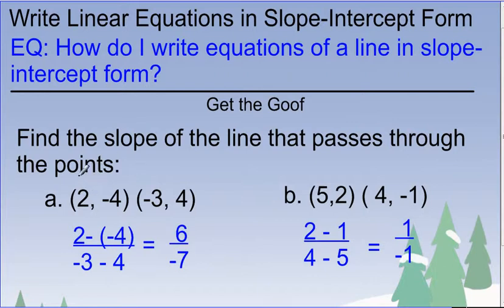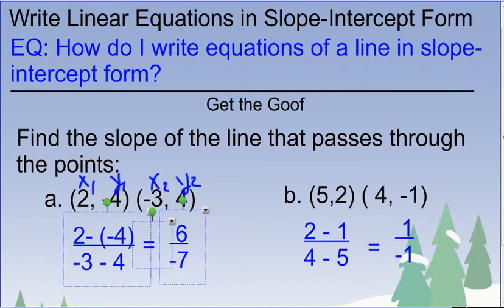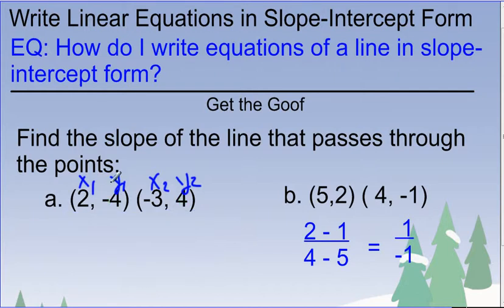So get the goof. Well, I remember this is x, y, x, y. This is point 1. This is point 2. Now, when you plug points in, I see this is a big, ugly mess. So let's just delete him completely and do it right. If you don't remember the formula, it's y2 minus y1 over x2 minus x1.